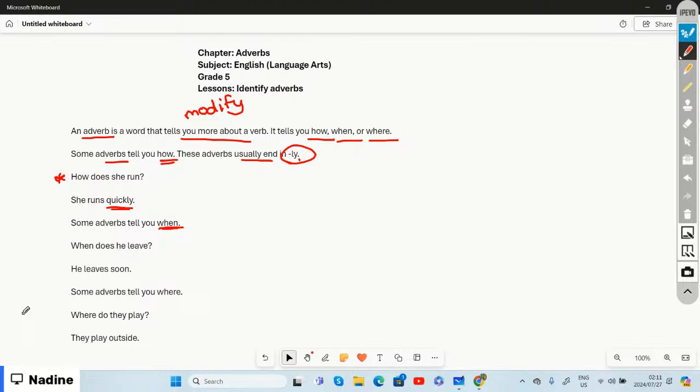And if we were to say when he leaves, then we can say he leaves soon.